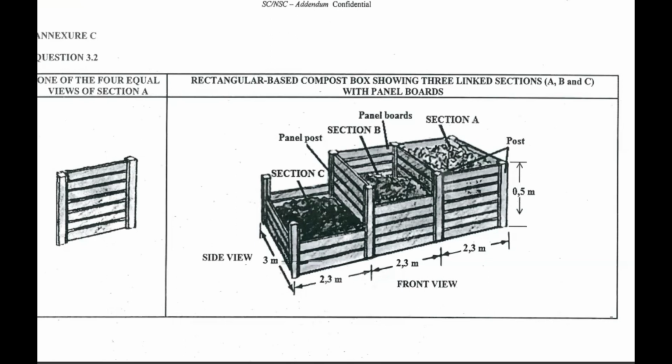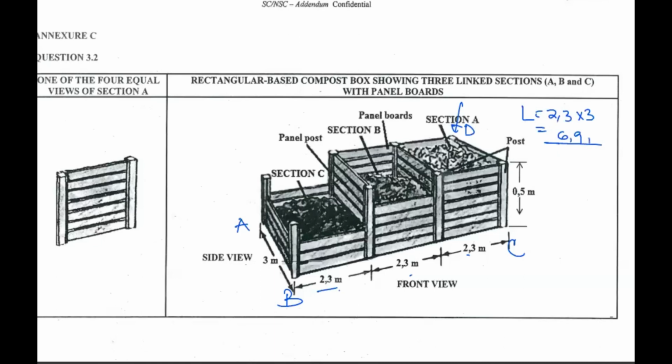When you walk from here, you come here, you go to this part, and you go behind. So what's the distance? You're walking 2.3. How many times? 1, 2, 3. That means the length is 2.3 times 3, which is 6.9.